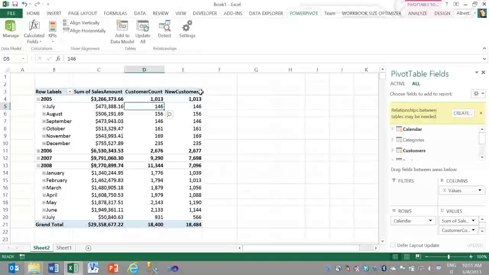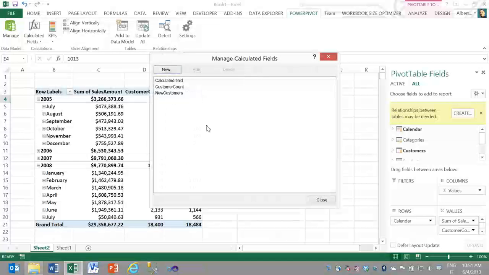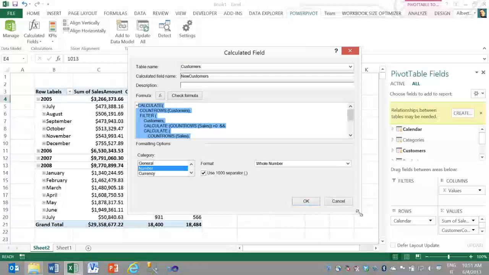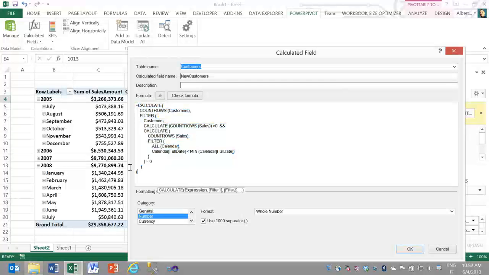By the way, one of the interesting parts of this expression is that new customer, as it is now, is able to compute, here it is, the number of new customers. But you are able to solve, using DAX, much more complex expressions.